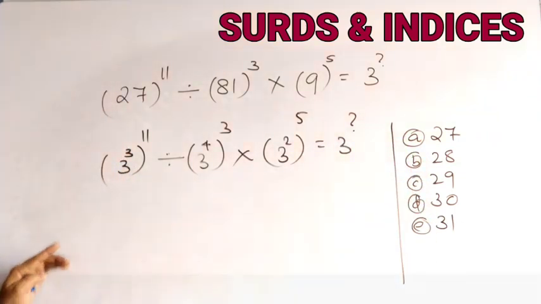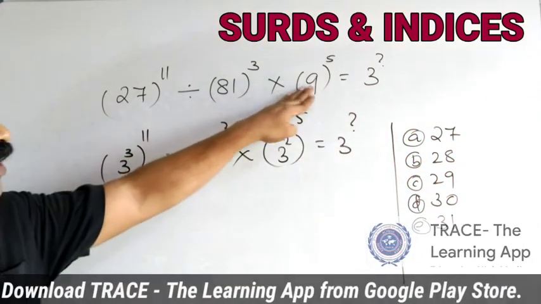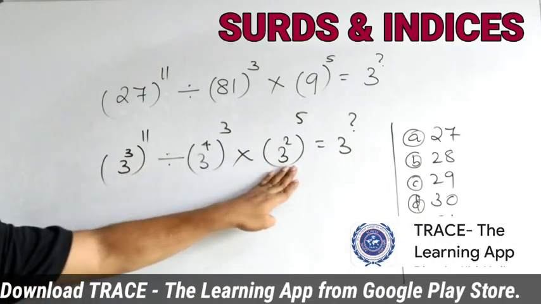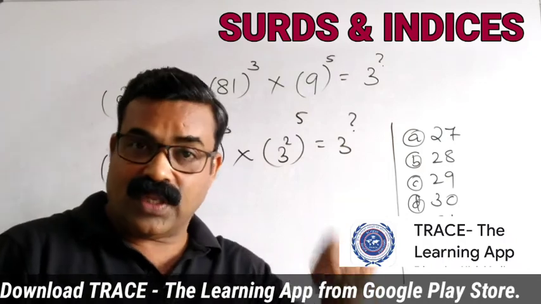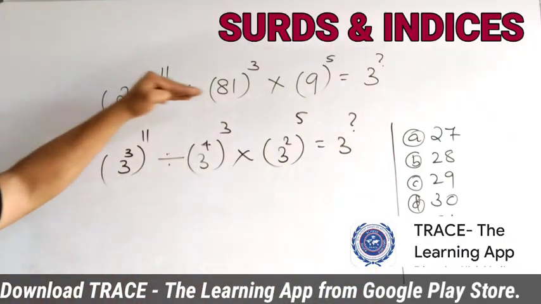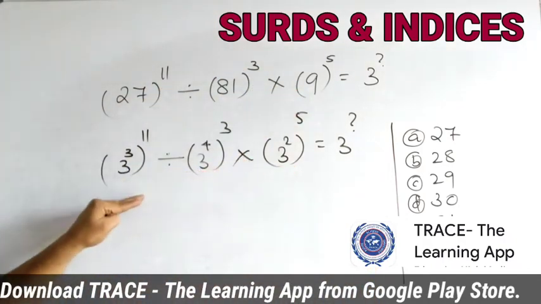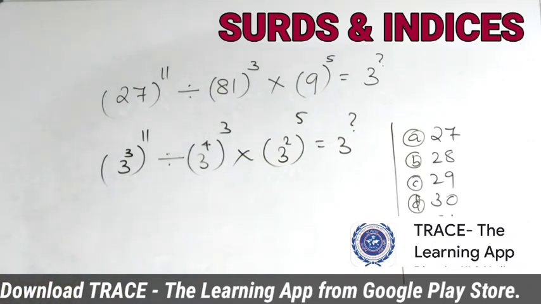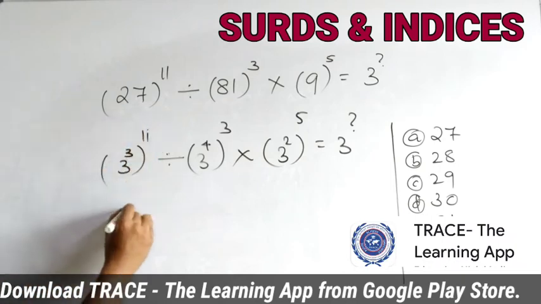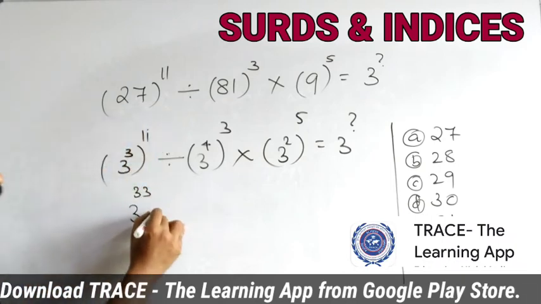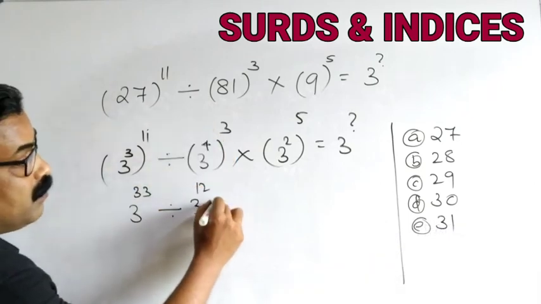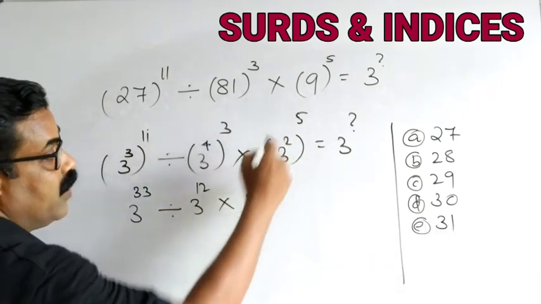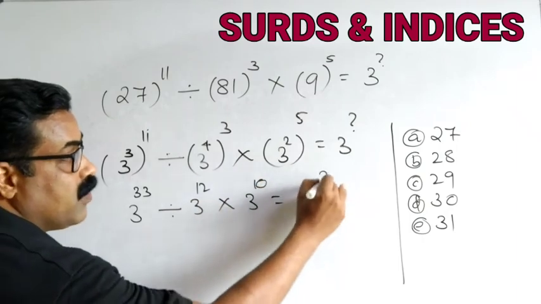So now you can see all the numbers given, we have converted into the powers of 3. And the answer we want here is also in the powers of 3. So now we can easily write it. What is 3 power 3 into 11? 3 power 33, divided by 3 power 4 into 3, 12, multiplied by 3 power 2 into 5, 10, is equal to 3 power question mark.